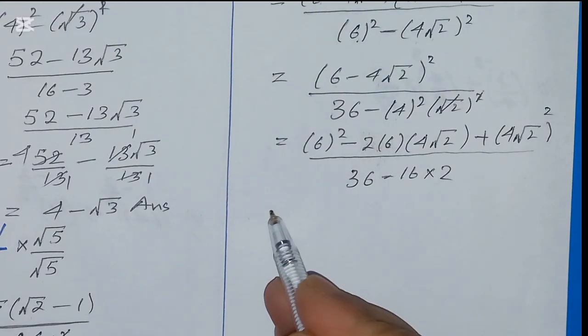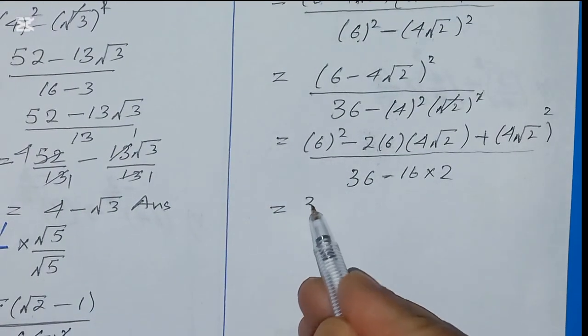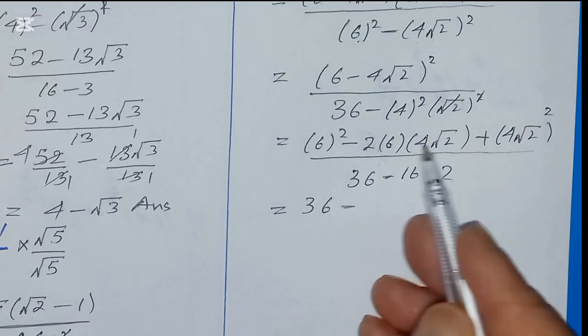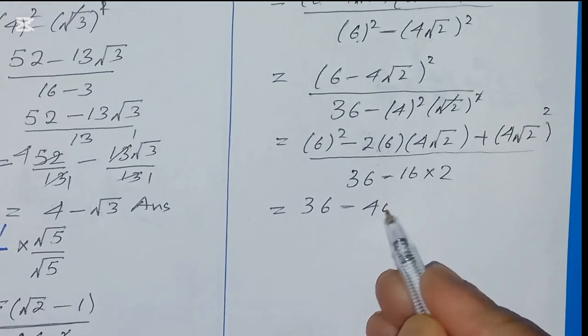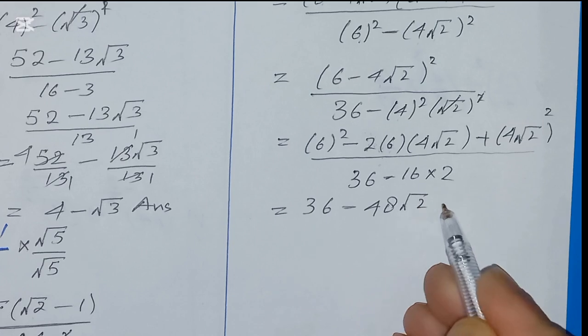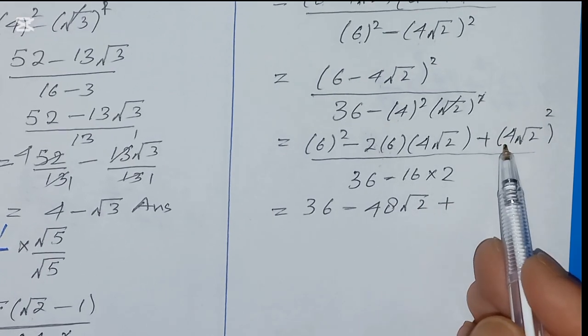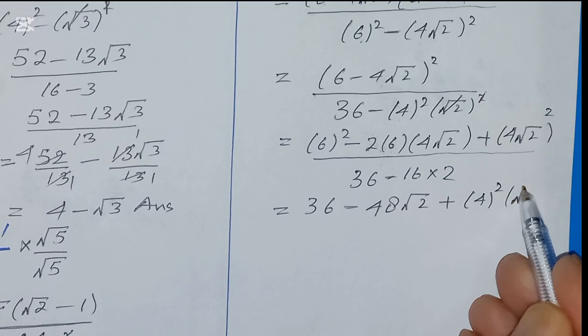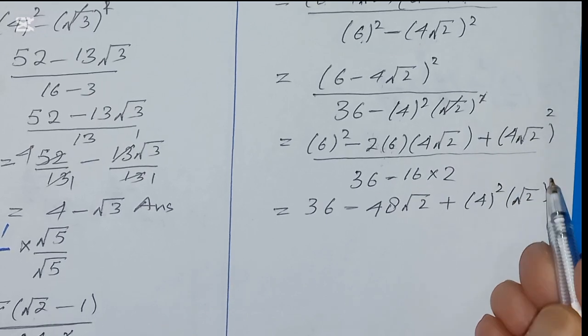The next step, 6 square is 36, and 2 sixes are 12, and 12 fours are 48. 48 under root 2 plus, and in this case once again we take square of 4 and square of square root 2.